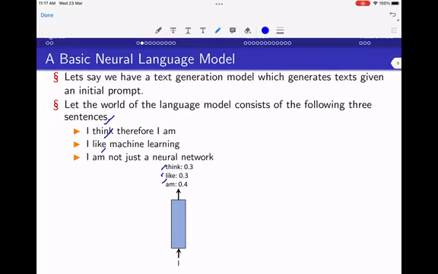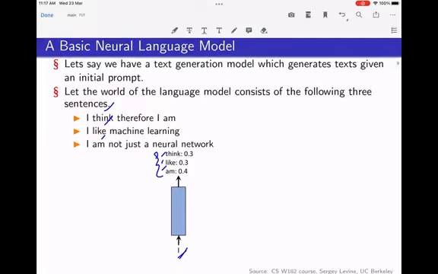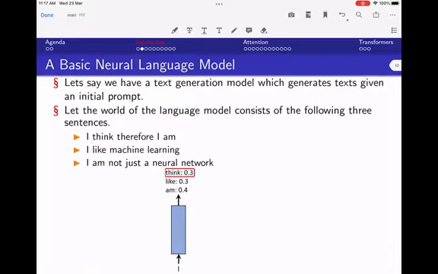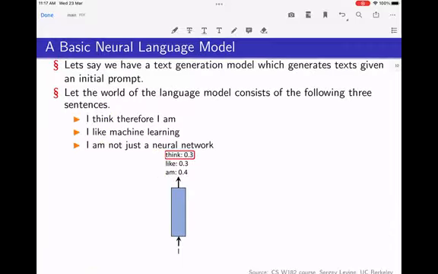It gives out a probability distribution like this: given the first word I, there is almost equal probability of think, like, and am. Now the model samples it, and suppose this think becomes the word sampled at this time step.